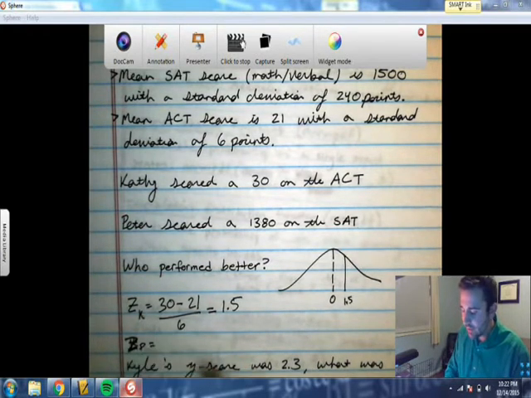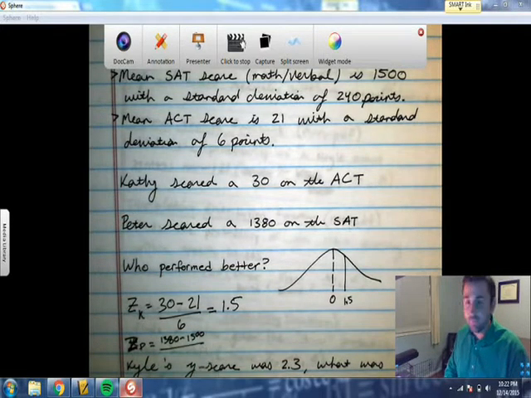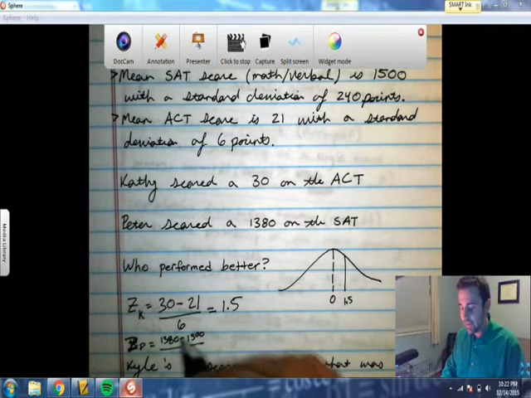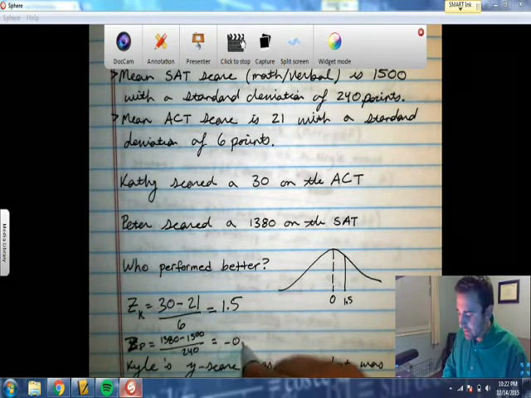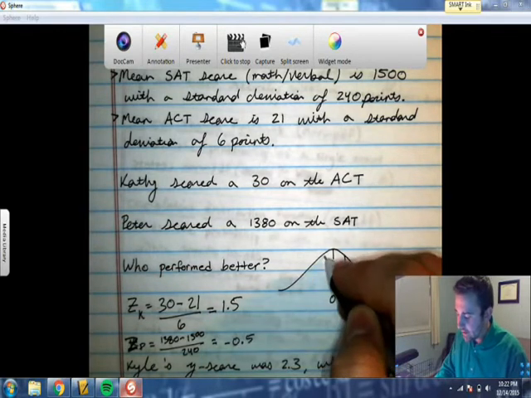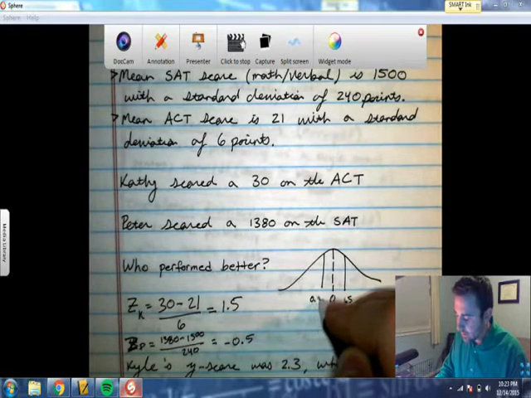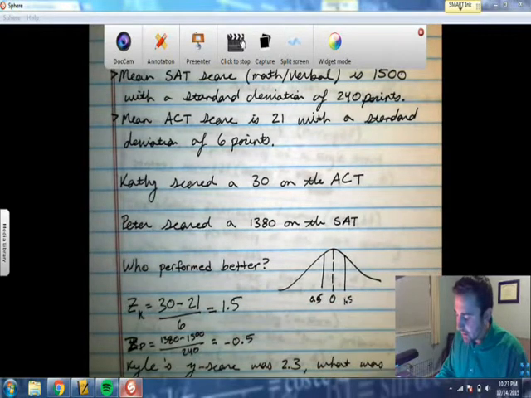For our friend Peter's z-score, I'm going to take his score, subtract the mean of his data set, which is the SAT, and then divide it by the standard deviation. When I do that, I get a z-score of negative 0.5, meaning his score is half a deviation below the mean.